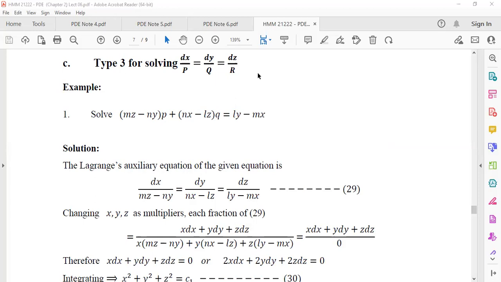Okay, yeah, thank you. So I'll do some recap of our type number 3, which is using the multipliers.